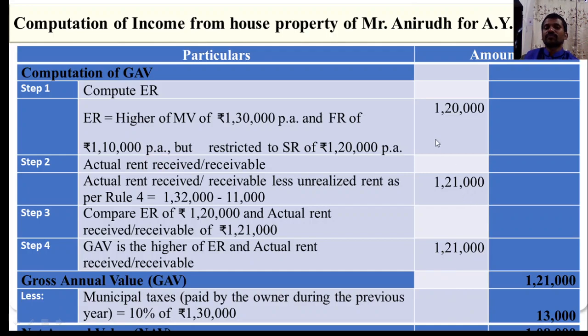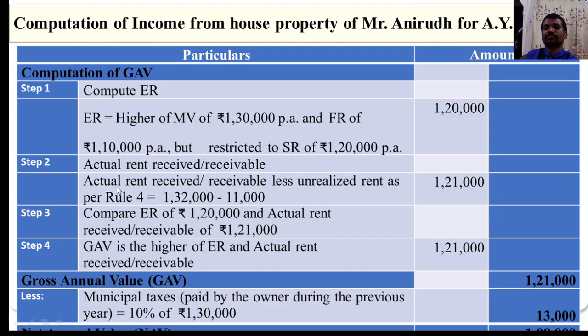So for that, expected rent is 1,20,000, actual rent is 1,21,000, whichever is more, 1,21,000 is more. This is the gross annual value.